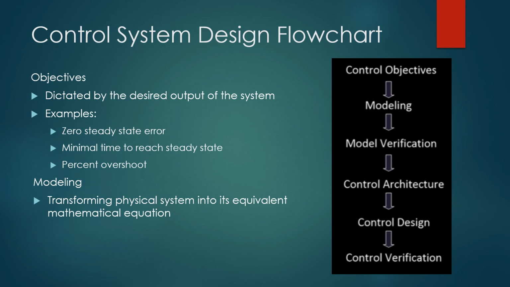Once the objectives have been carefully stated and dictated, we will now go to modeling. But before I forget, the objectives, in order to be correct, must go through a rigorous process of communication with the users and the owners of the system, not just the one that will design it.